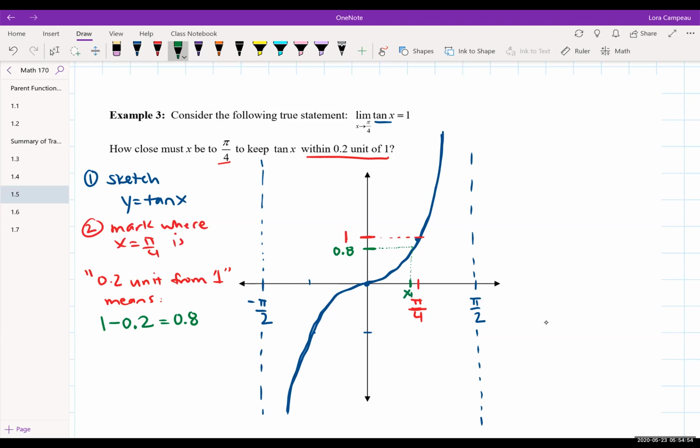So when we figured out this within 0.2 units away from 1 to be 0.8, we actually were specifying that f of x1 was 0.8. So it would be a good idea now to mark where the x1 is on the x-axis.